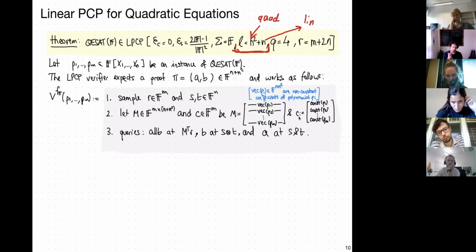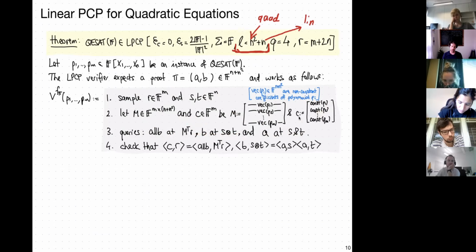Okay. And then what we're going to do is make queries to the concatenation and to A and B, so to both of them. We'll take the random linear combination that we needed with respect to the linear equations, but with respect to this entire thing. And we'll also do this consistency test by querying B at a random linear combination and A at a random linear combination.